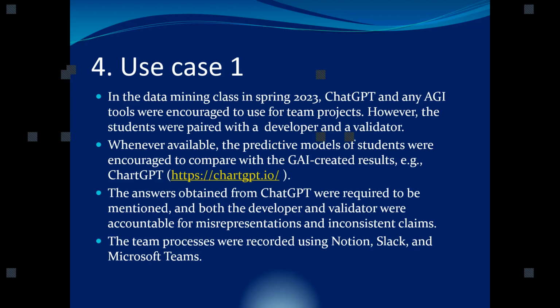So they need to weekly log their activities and make it transparent. Any inconsistent claim between the two, the developer and the tester, is going to be counted as a misrepresentation.